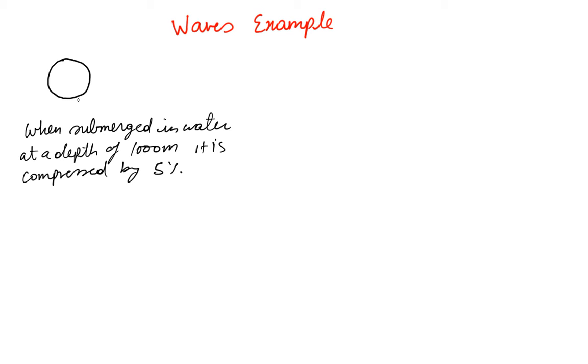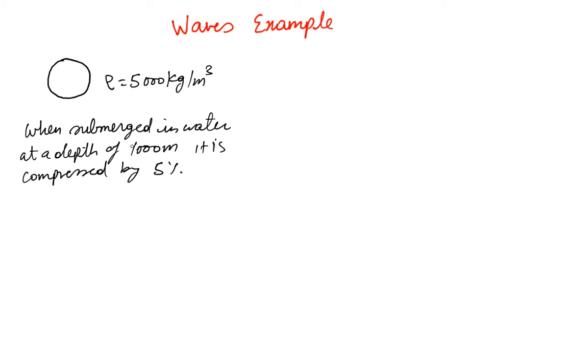So we have this metal ball, and also the density has been given to be 5000 kilogram per meter cube. Now this metal ball, when submerged in water at a depth of 1000 meters, then the volume of the metal ball changes by 5%.